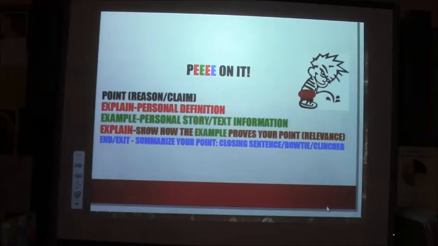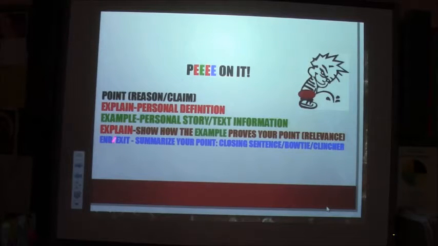And then finally, you're going to show how your example proves your point, okay? You can't just tell a story or drop a quote or some text information and not draw the lines to how it is relevant. Relevant means how is it important? What is it to the reader, okay?